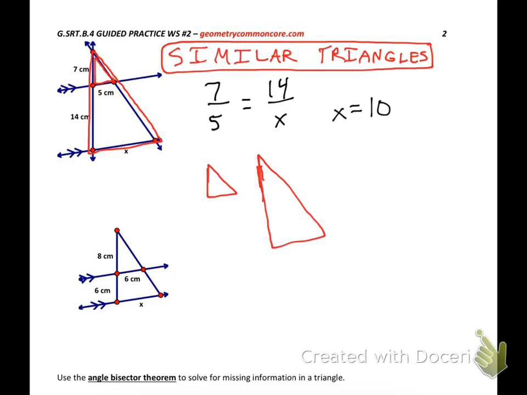And if I do that, I'm going to add in the distances that I know. So for the small triangle, I think we'd all agree this side is 7 and that side is 5. We also probably all agree that for the big triangle, x goes down here. So my question for you is, what is the length of that side on the left for the big triangle?